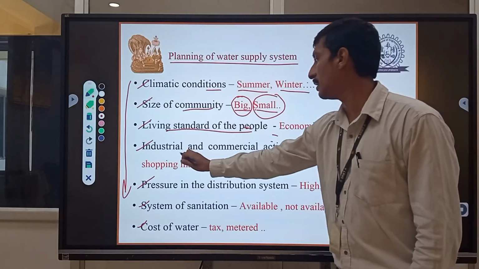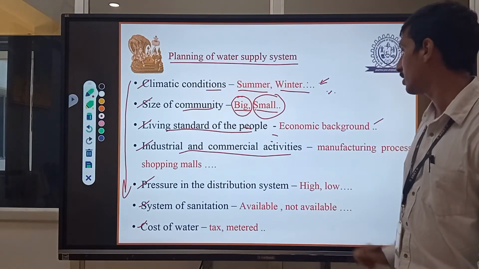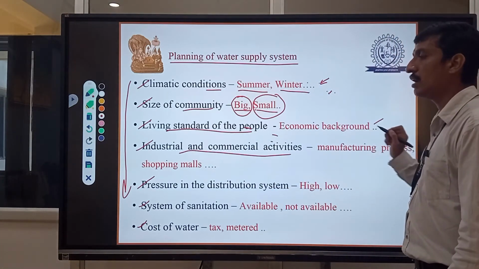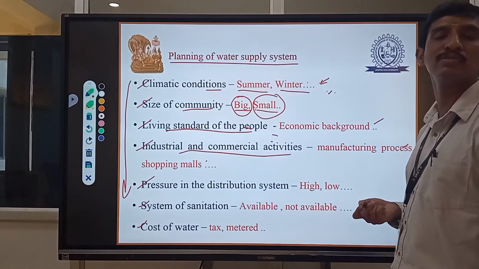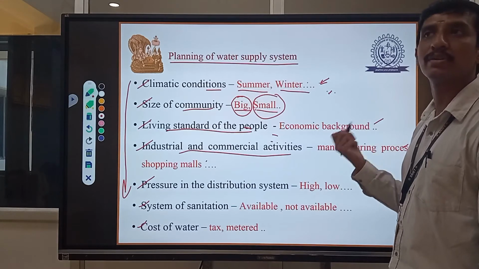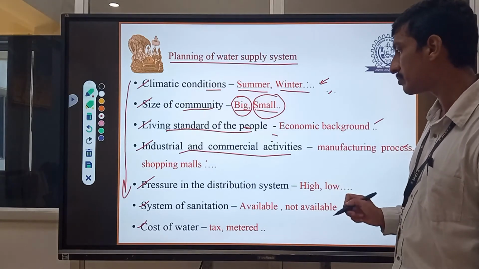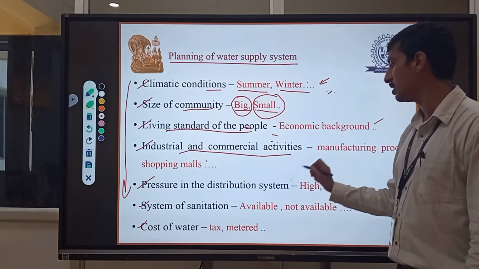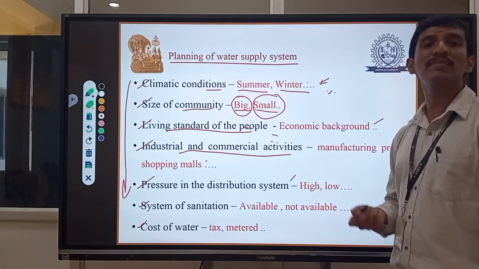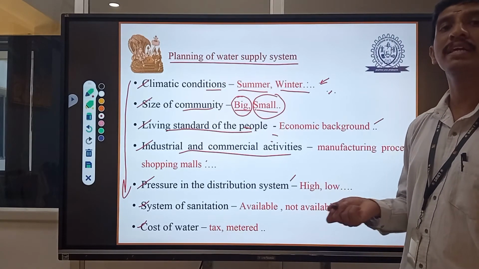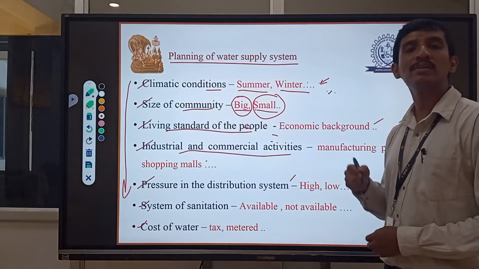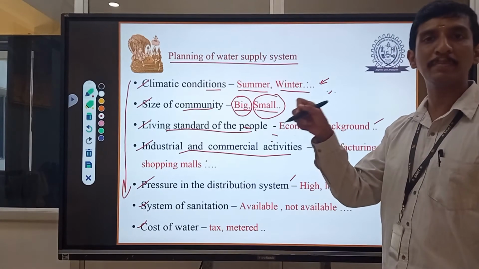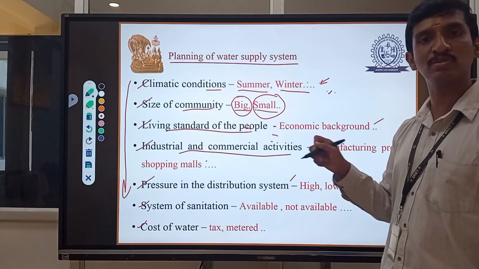Then industrial and commercial activities. For manufacturing processes and shopping malls and shopping complexes and so on, the water required varies. Now pressure in the distribution system. If we distribute the water at very high pressure, people consume a larger amount of water, and also if any damage occurs in the pipe, the loss of water is also more.